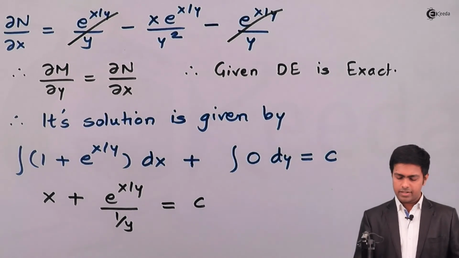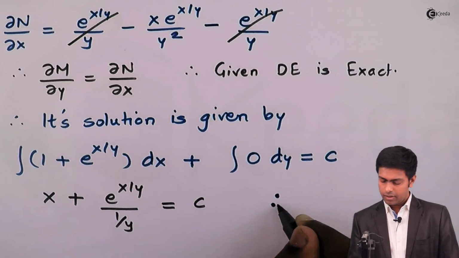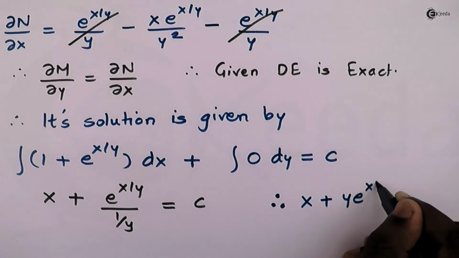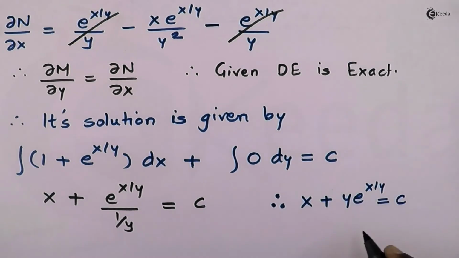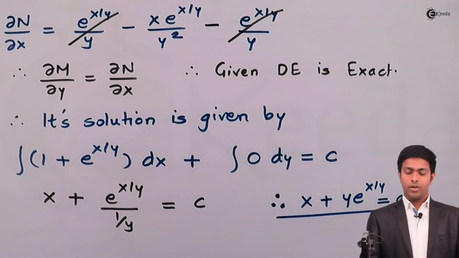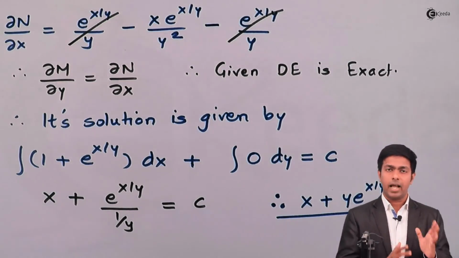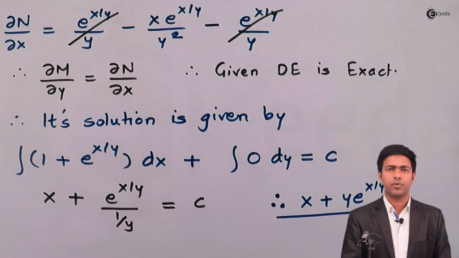If we simplify this, then we will get x plus y e raised to x upon y equals c. So here we got the solution of the given differential equation by the method of exact differential equation. Thank you.